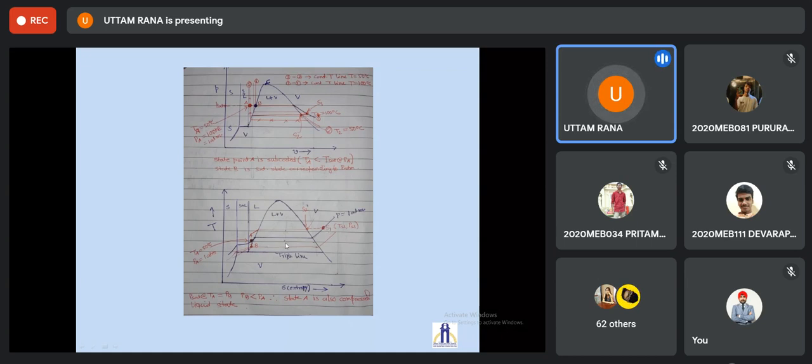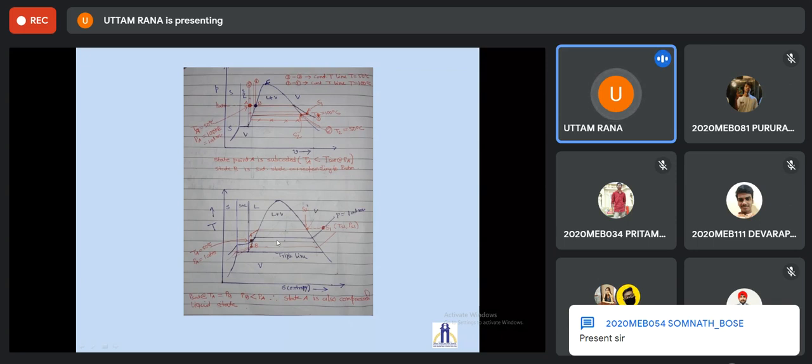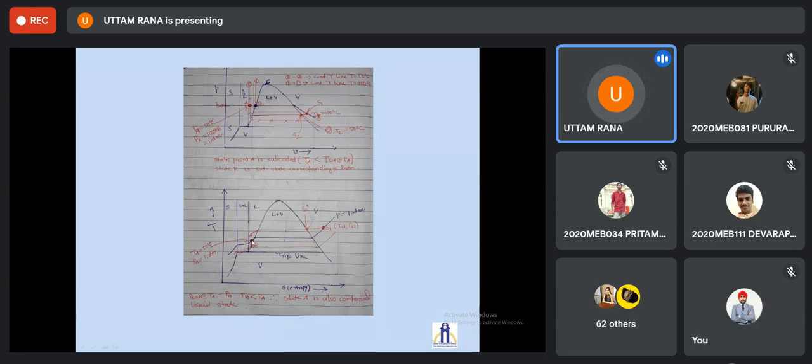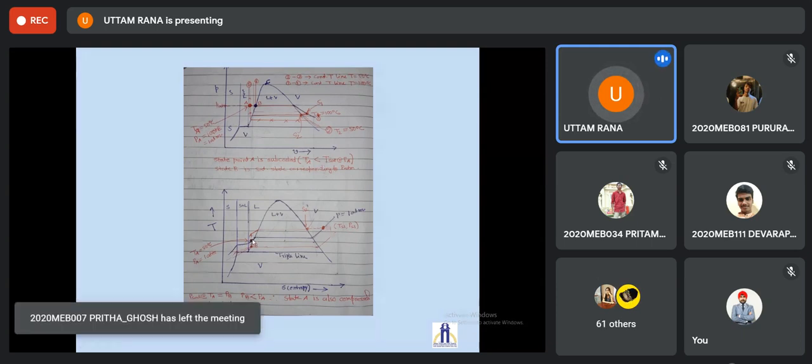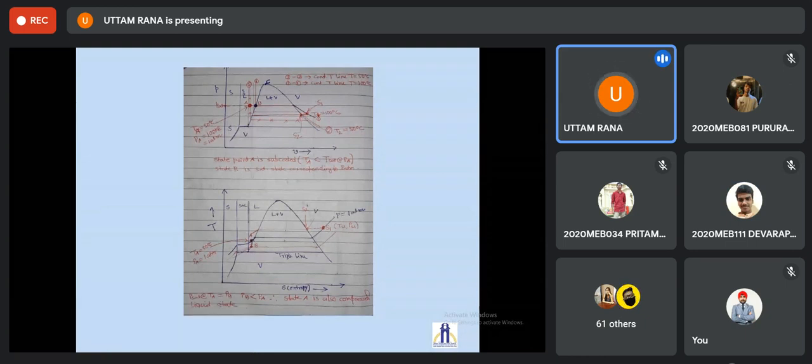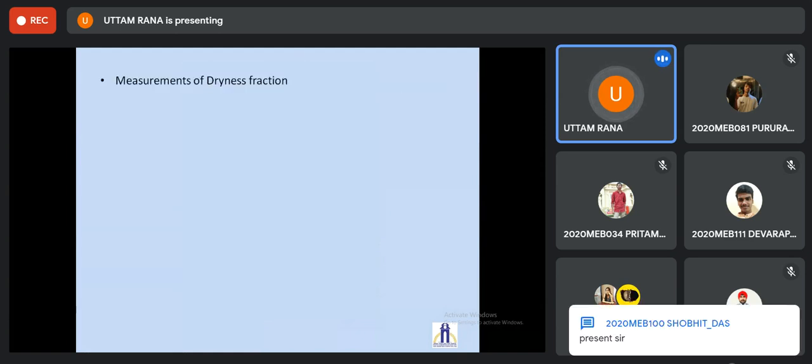Here it is saturated steam because the temperature corresponds to the saturation temperature. Now if we go below this, the temperature is below the saturation temperature corresponding to that pressure, so it is a subcooled state. Got it?